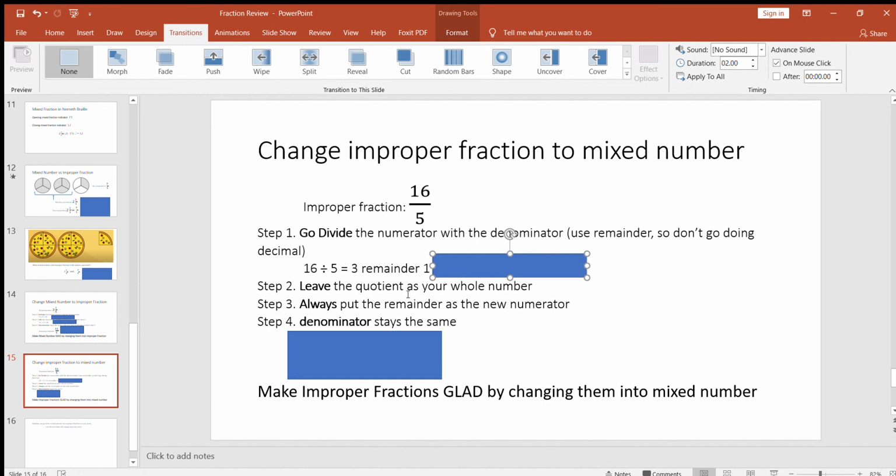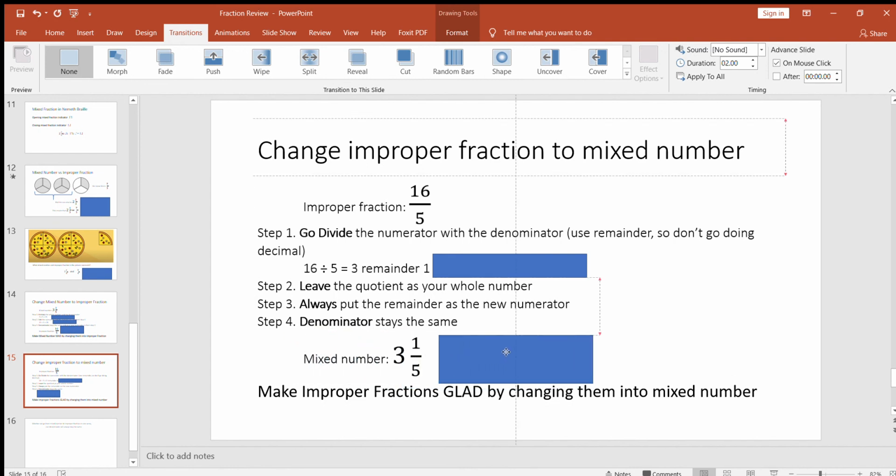So your remainder becomes your numerator, and then step 4, denominator stays the same. So our new mixed number is 3 and 1 over 5.